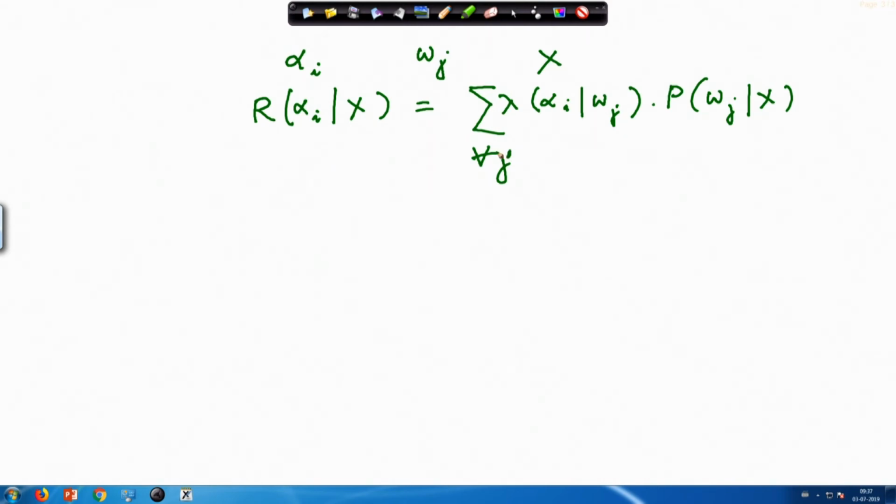So, that is the total risk for taking an action alpha i given an input feature vector x. If I have k such actions, where alpha i varies from 1 to k, then for each of these I have to compute the risk function, and I have to take that particular action for which the risk involved is minimum. That is what the Bayes minimum risk classifier says.